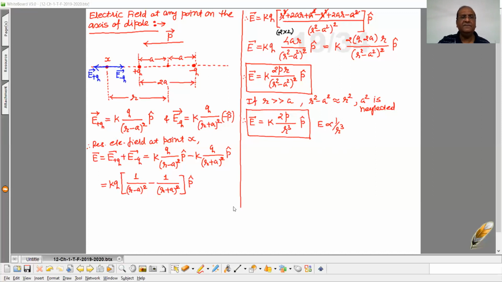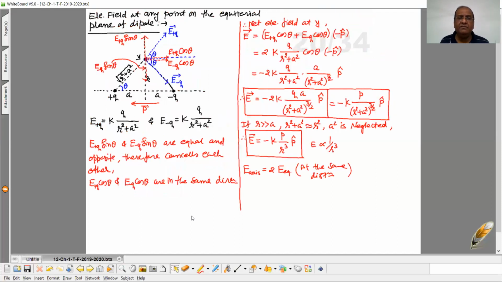Then after, electric field at any point on the equatorial plane or equatorial line of the dipole. So see here, as shown in the figure, consider the equatorial plane, and here the cross section of it is represented, right?